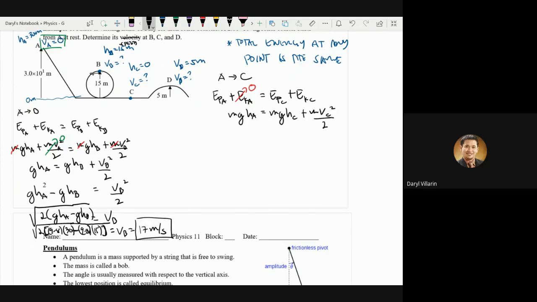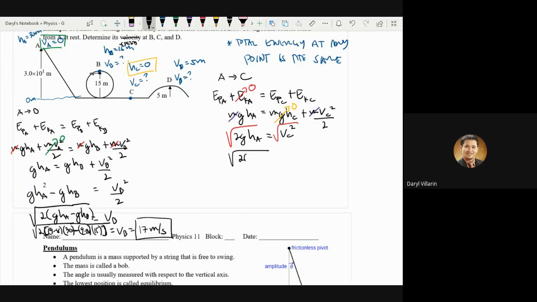So at point C, hc is 0, so therefore this is 0. As well as I can again disregard m. So if you can see, it becomes simpler. This would be 2gHA is equal to VC squared. So if I take the square root of that, again, I'm just solving for the magnitude.